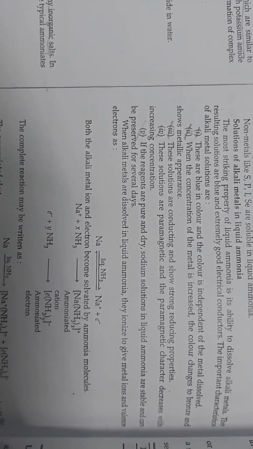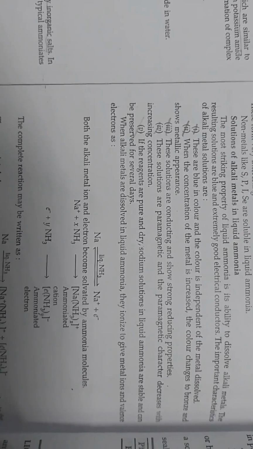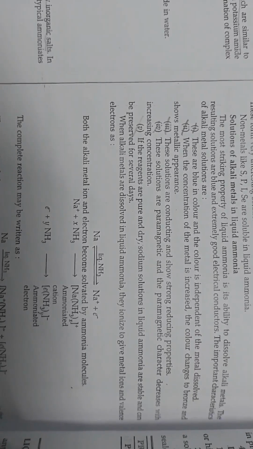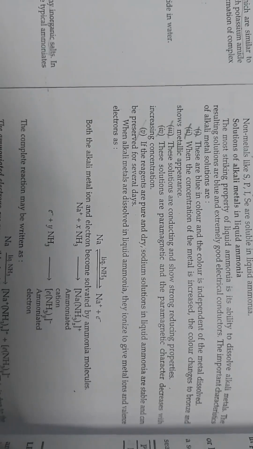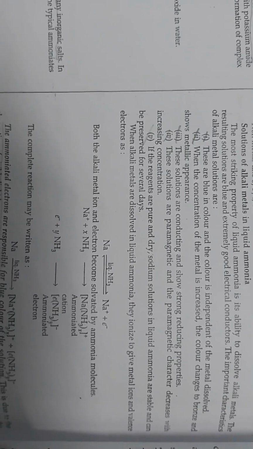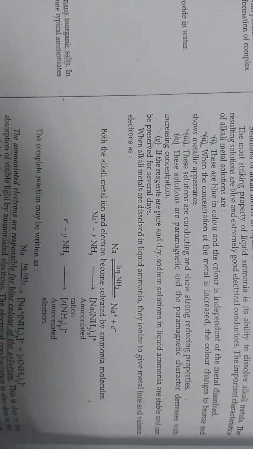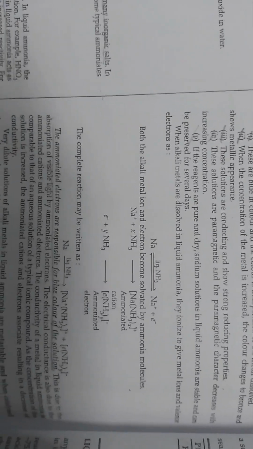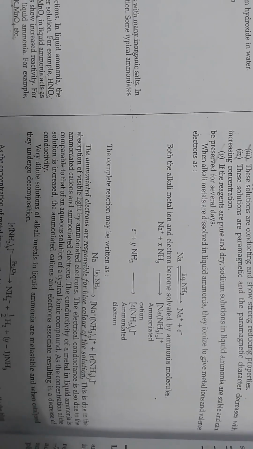If the reagents are pure and dry, sodium solutions in liquid ammonia are stable and can be preserved for several days. When alkali metals are dissolved in liquid ammonia, they ionize to give metal ion and valence electron, as Na gives Na+ plus e-.